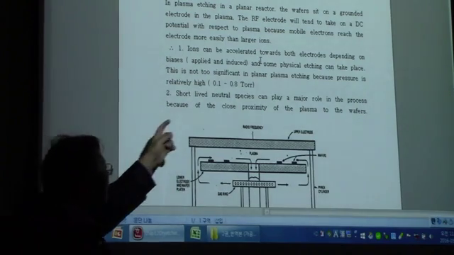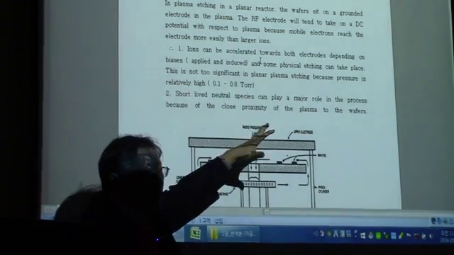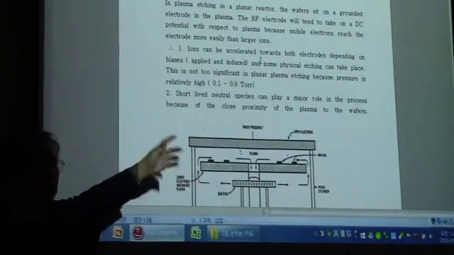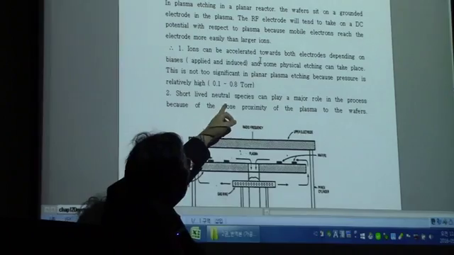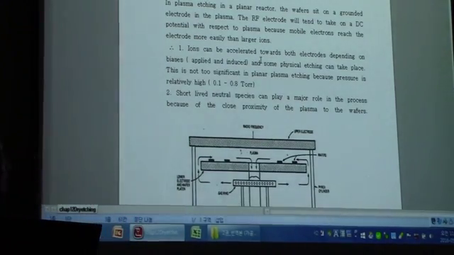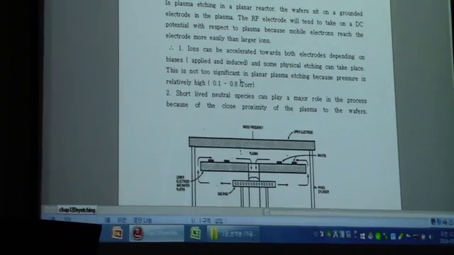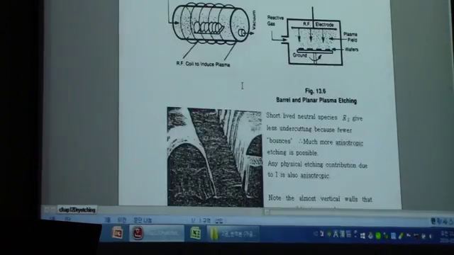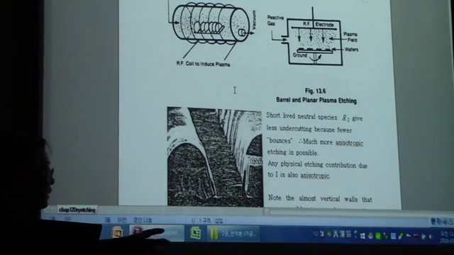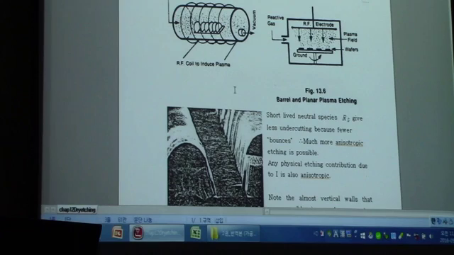And for that acceleration, we are going to have a relatively low pressure than the barrel type reactor. Short-lived neutral species can play a major role. So we are now going to have an anisotropic etching because the short-lived radicals are going to play an important role here.